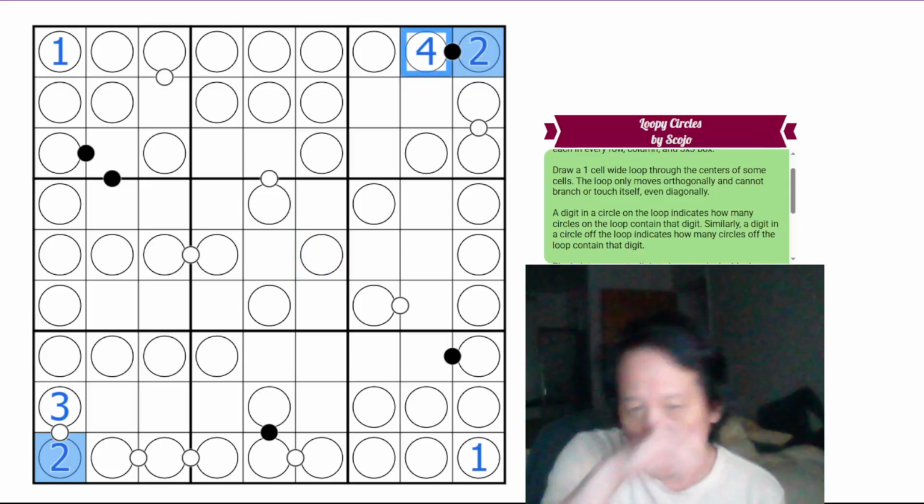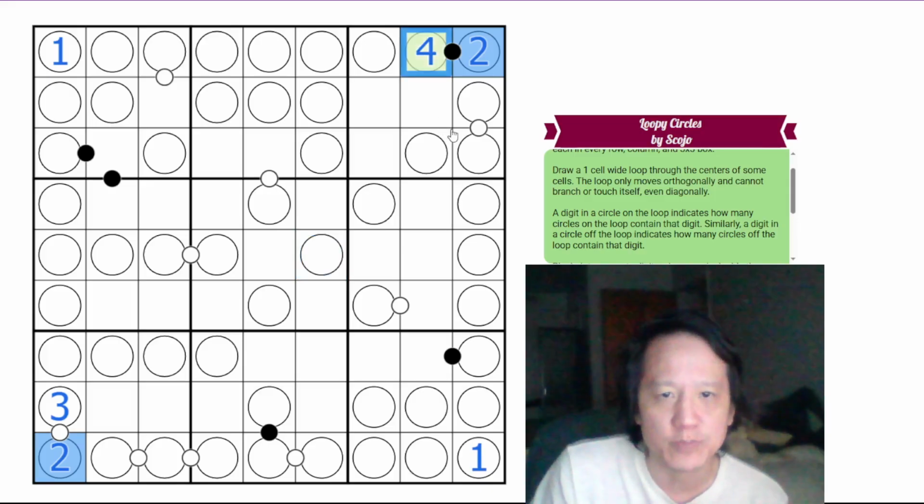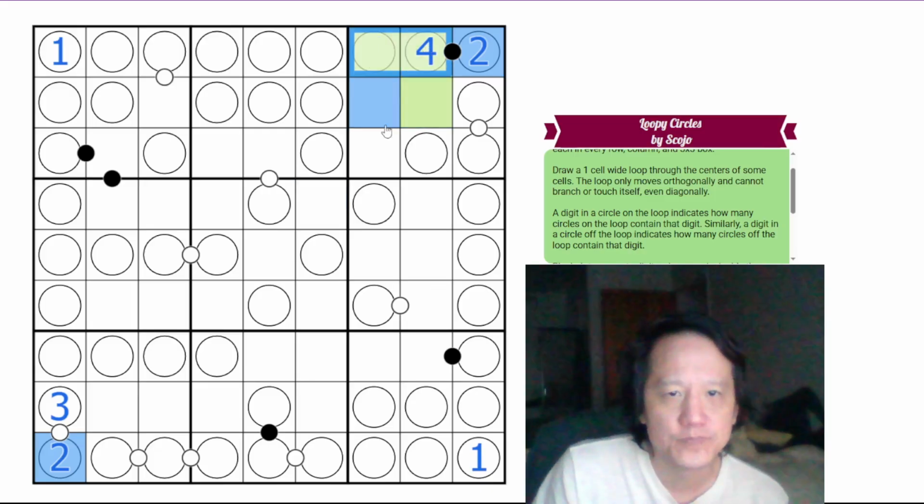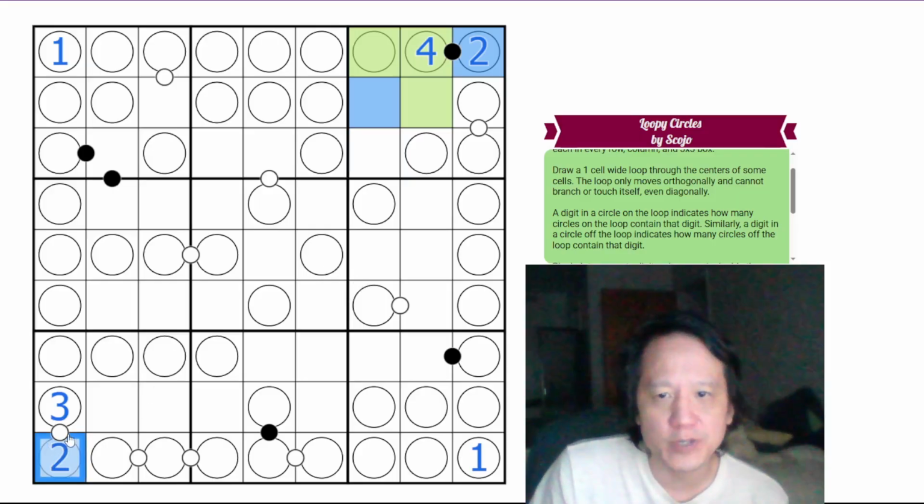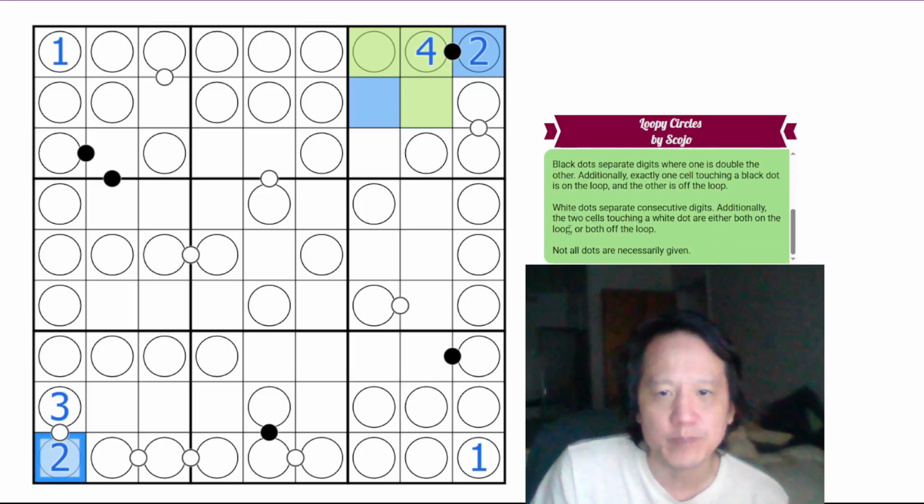The 4 here has to be on the loop then, and it must go this way. So this cannot be on the loop because it would be touching itself then. 2 is not on the loop here, and if you have a white dot, both digits touching it are either both on or both off the loop. So this is off the loop too.